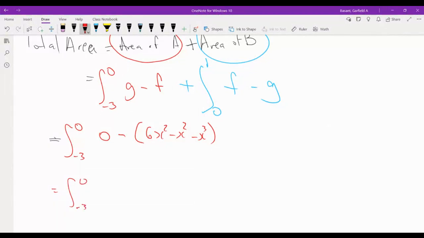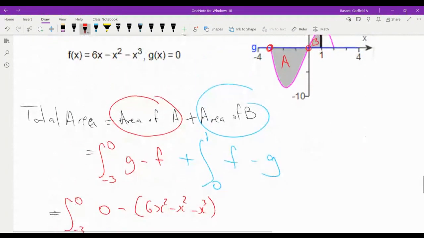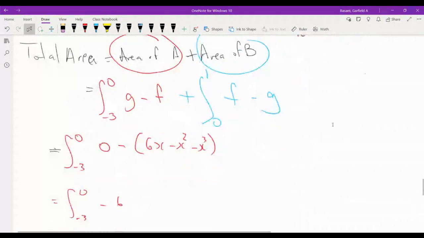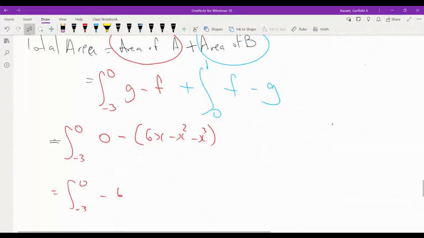So that's from -3 to 0. This becomes -6x plus x squared plus x to the third.